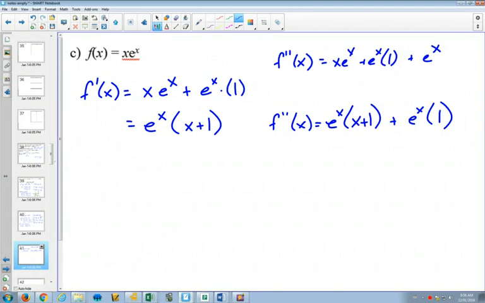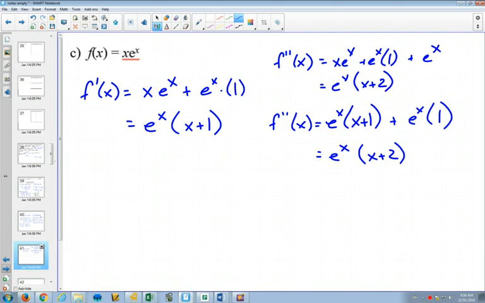They're both the same. Because now if I factor an e to the x out of this one, I'm going to get x plus 1 plus 1, or x plus 2. And if I factor an e to the x out of this one, I'm going to get x plus 1 plus 1, x plus 2.